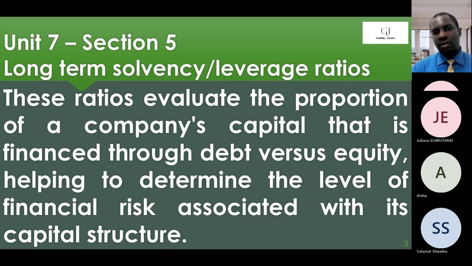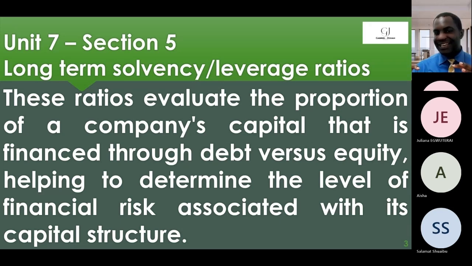So these ratios, in terms of long-term solvency, evaluate the proportion of a company's capital that is financed through debt versus equity. We are typically looking at external financing, which is debt. Take note of that. And internal financing, which is equity, helping to determine the level of financial risk. So the company will be too exposed if the ownership is held by outsiders.